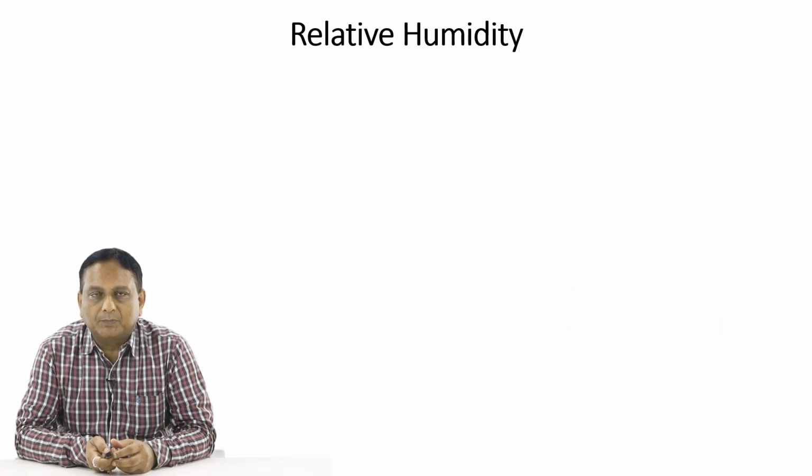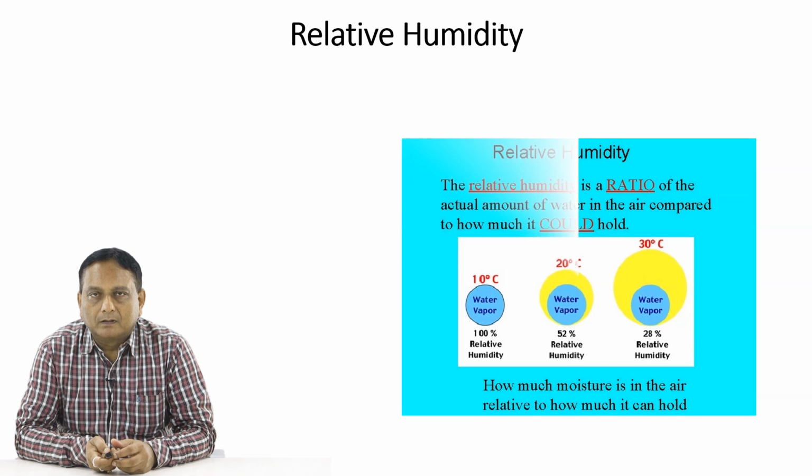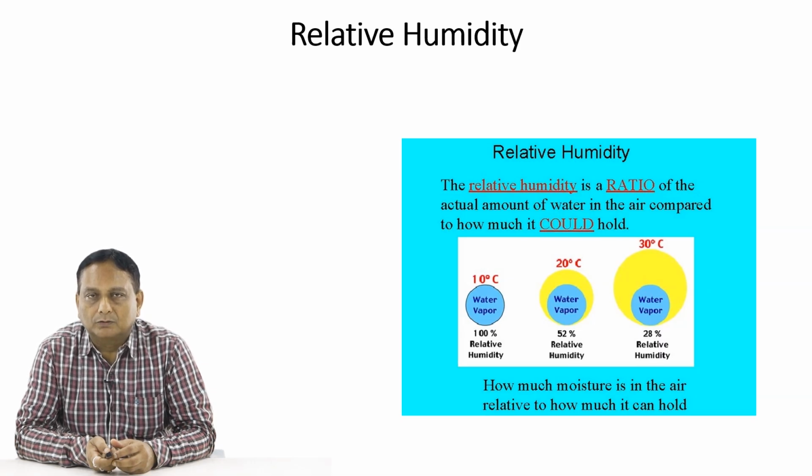Now what is relative humidity? The relative humidity is nothing but a ratio of the actual amount of water in the air compared to how much it could hold. It talks about how much moisture is in the air relative to how much it can hold.